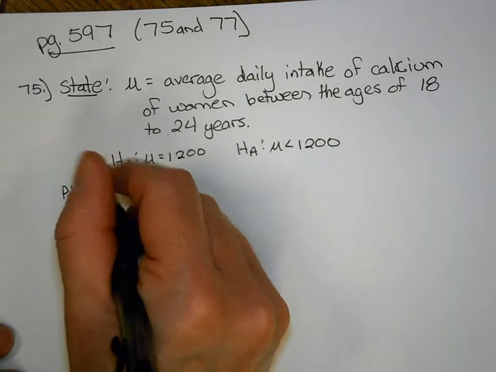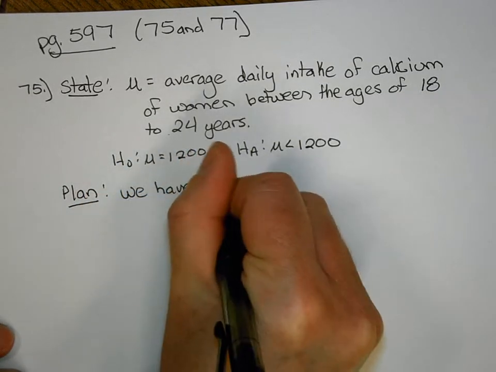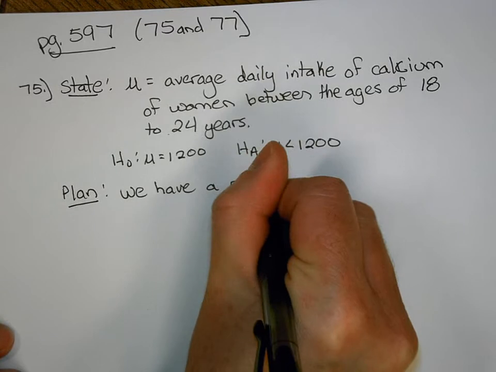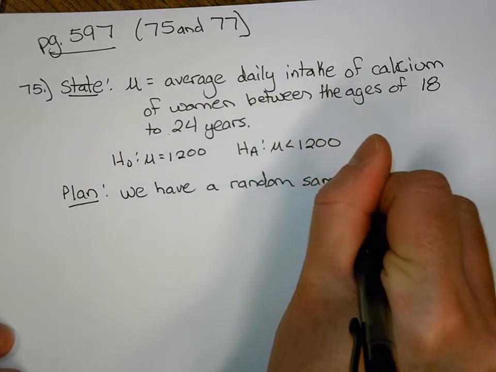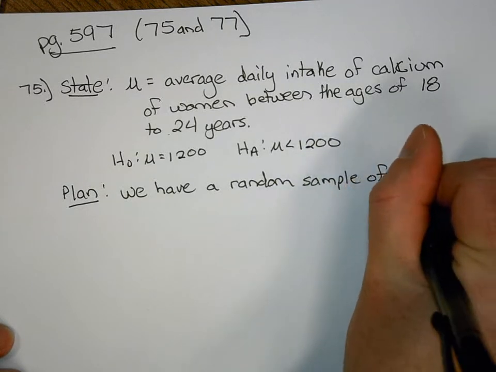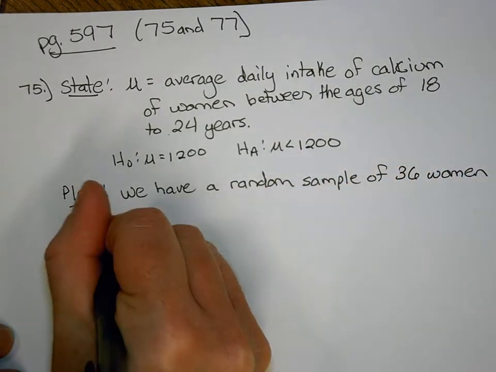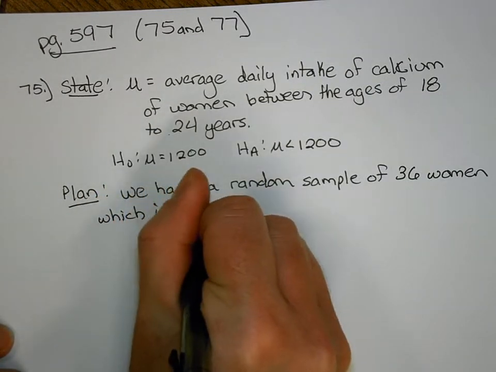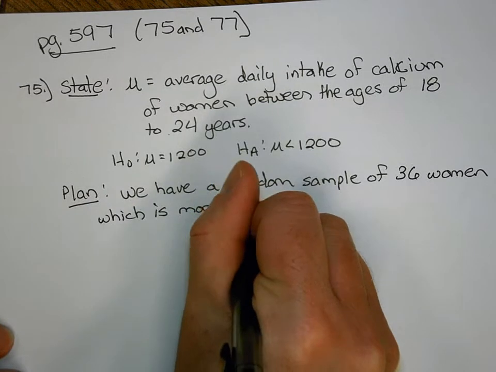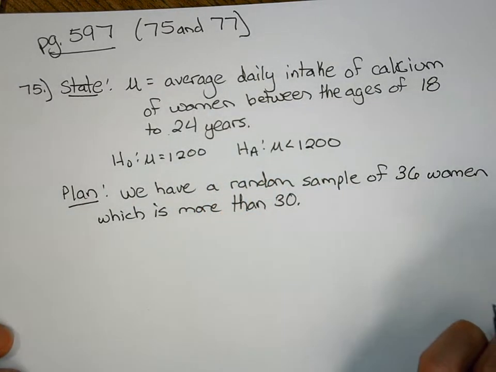The problem tells us that we have a random sample of 36 women, which is more than 30. These are the nice problems. Less work to do. Both conditions are checked.